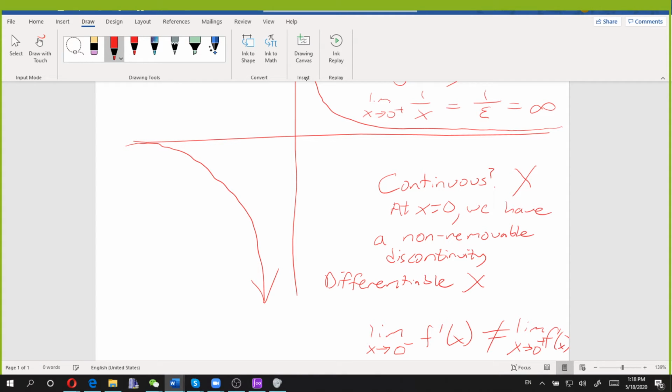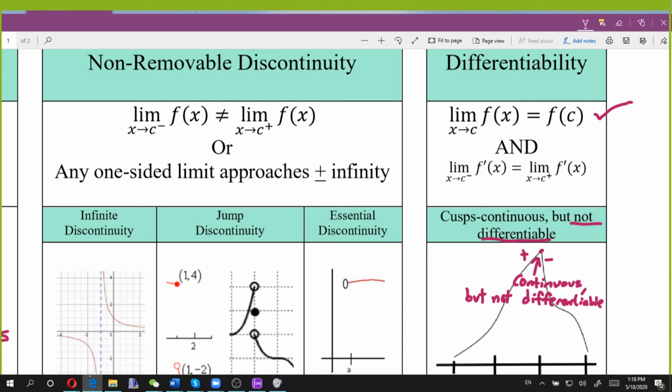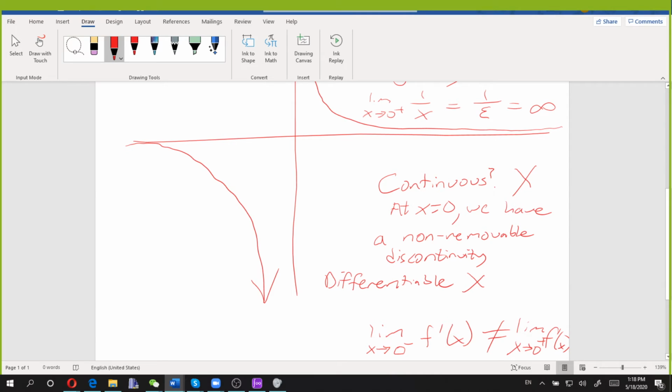And then one more reason. Okay, in order to be differentiable, we have to be continuous and our slopes have to be the same. So, what's the other reason why this cannot be differentiable?